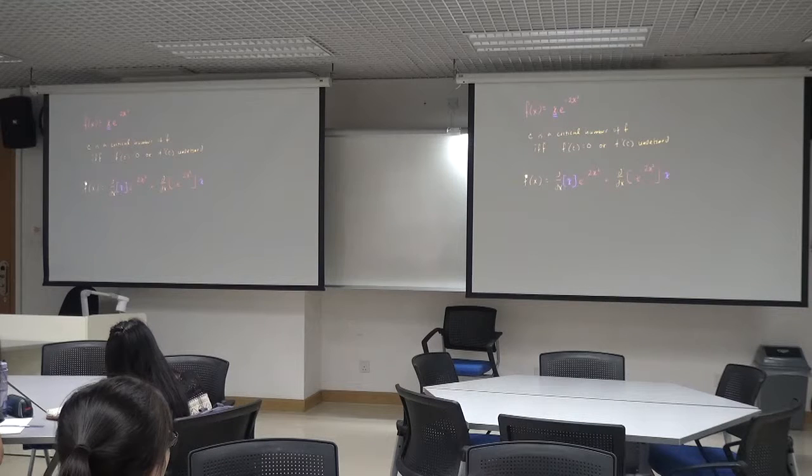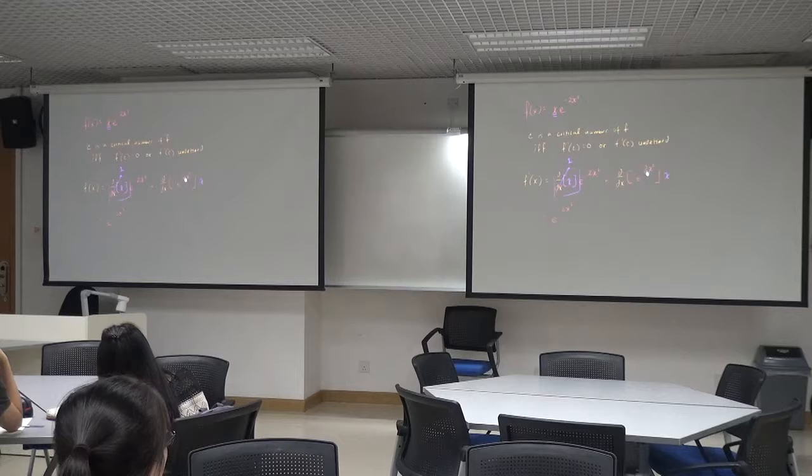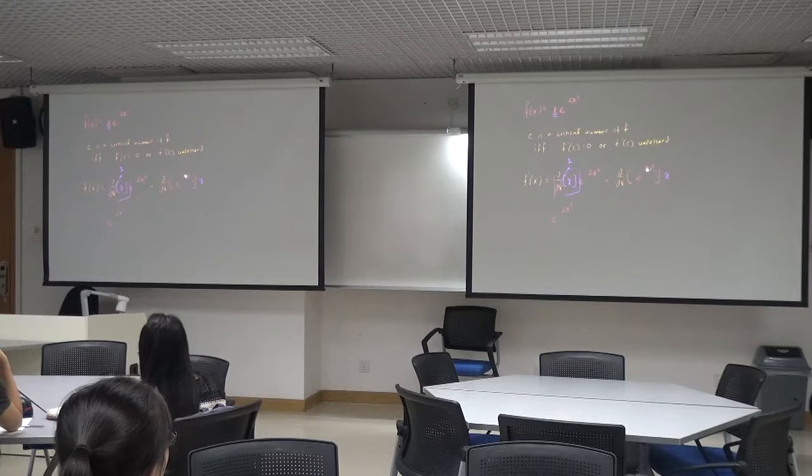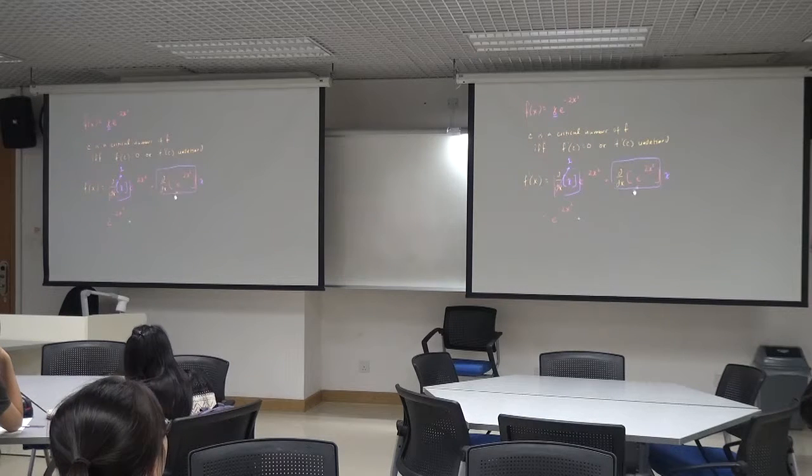So what is this going to be? Well, the derivative of x with respect to x is just going to be equal to 1. So this first part is going to be equal to e to the negative 2x squared. And now the derivative of e to the negative 2x squared over here, I'll do this in this pink color. So this part right over here, we just apply the chain rule.